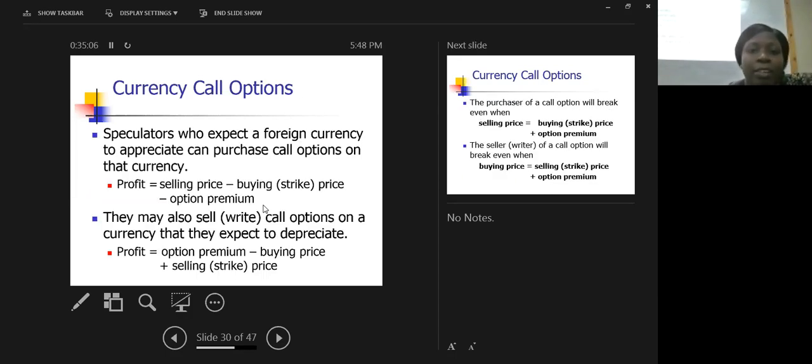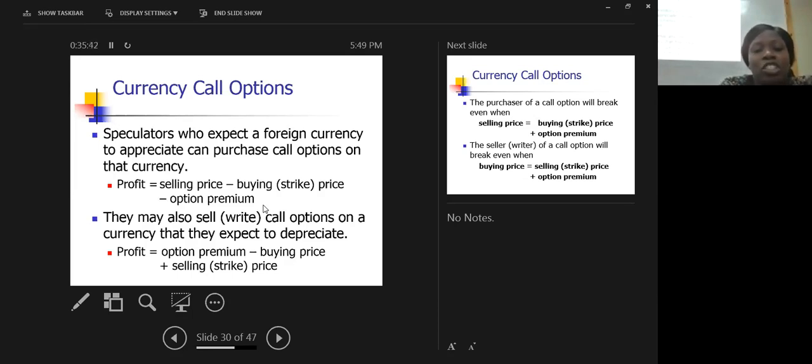Speculators who expect a foreign currency to appreciate can purchase options on a currency. Of course, any profit on a basic call is the underlying price, in this case currency, less the strike, less the premium. The payoff is always just the underlying less the strike, but for the profit, you have to reduce it by how much you pay for the option.